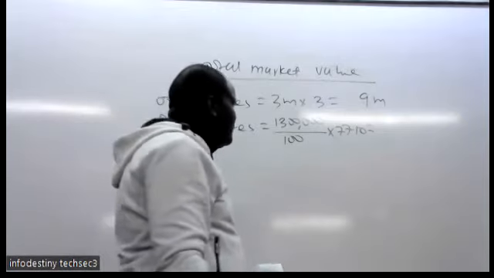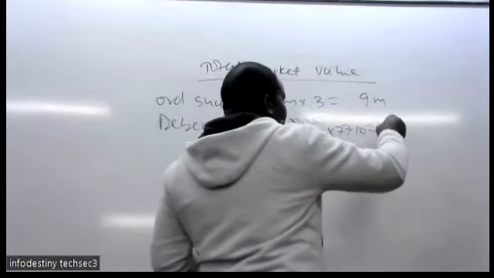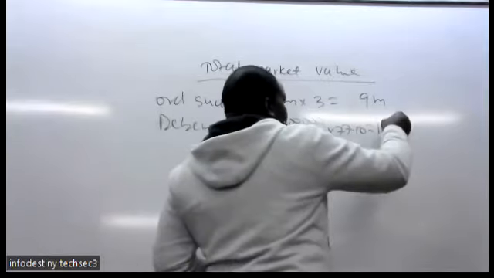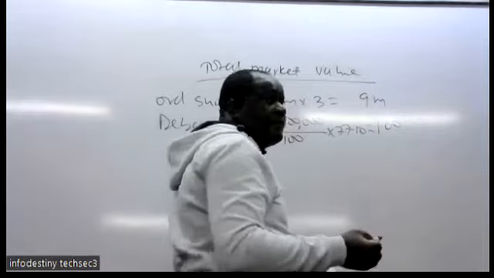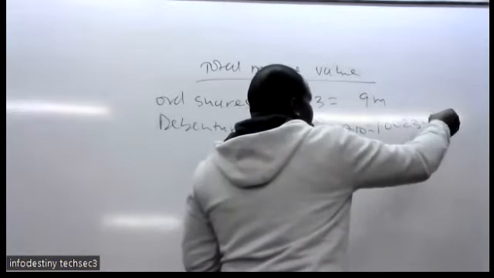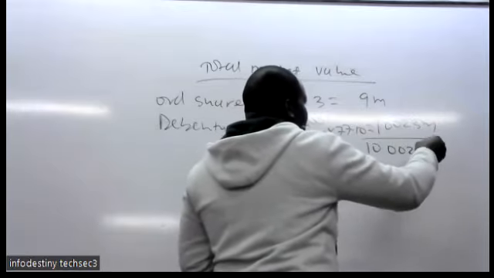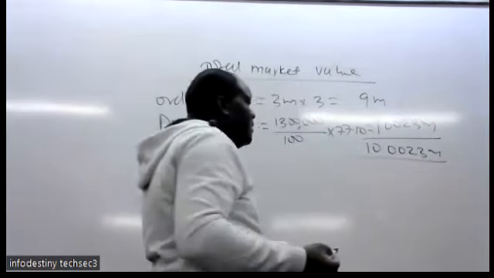So that should give us 1.0023 million. When you add them, they are 10.0023 million.